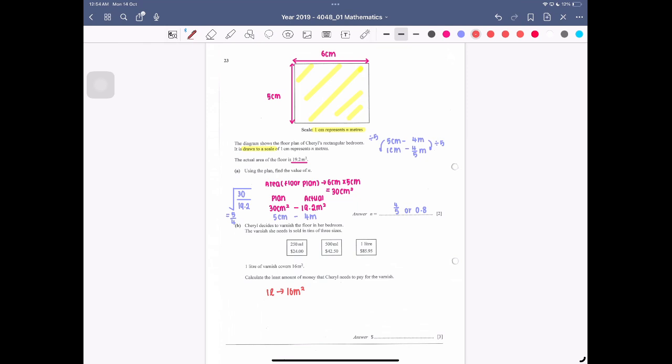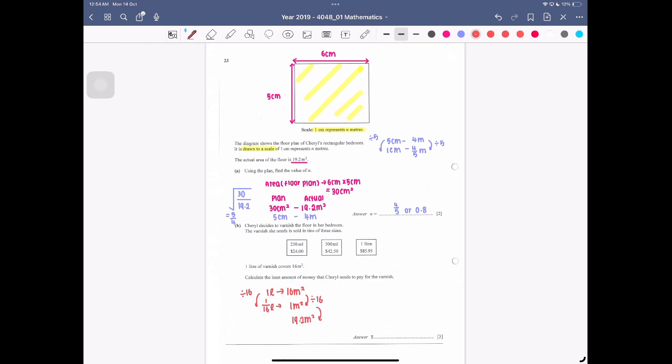In this case, we need to find the amount of varnish needed, how many liters. To find out, I would suggest you go to 1 meter square first. You divide by 16 on both sides. Just put in fraction, 1 over 16 liter, so that you can go to 19.2 meters square.